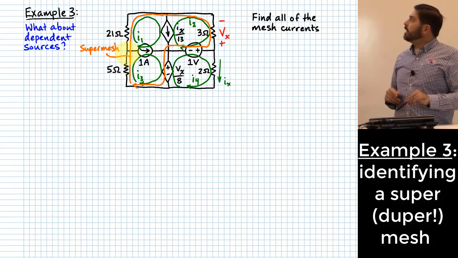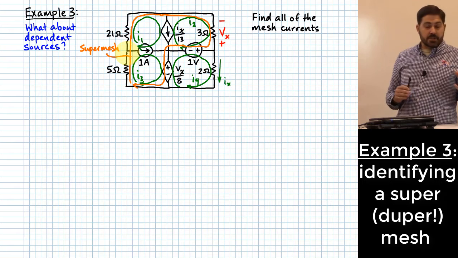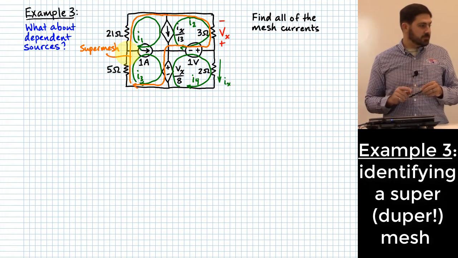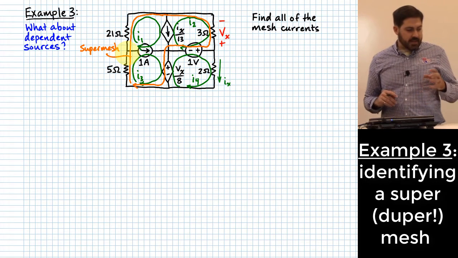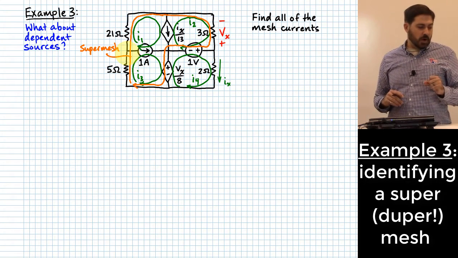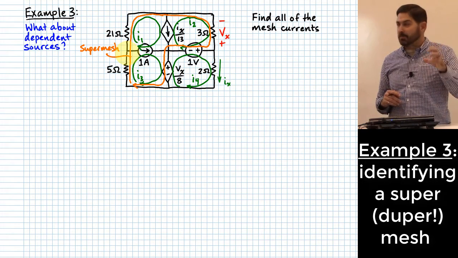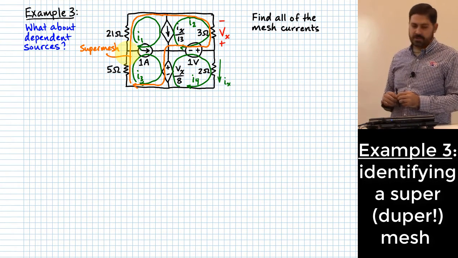Then I treat this as if it only has 2 meshes. So that is kind of a step 1A, the second part of step 1, to identify any super meshes.